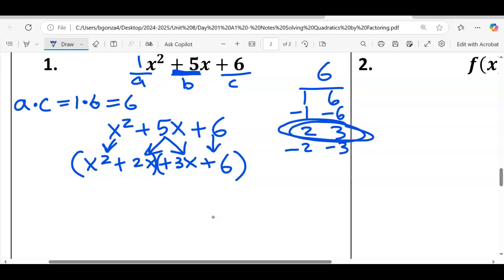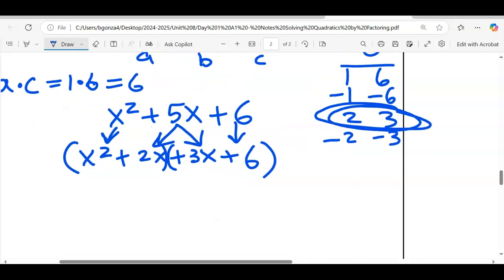You got to do what we did on our warm-up today, which is factor each of those parentheses. Okay, so let's look at that first one. X squared plus 2x. The numbers in front, 1 and 2, there's no factor there besides 1, you don't write 1. But see how they both have an x in common, x squared and x? That means I'm going to factor out just an x.